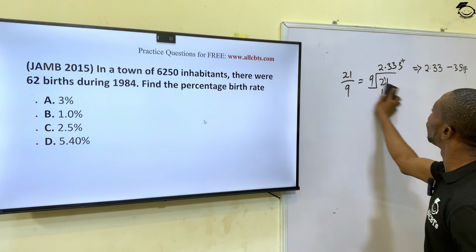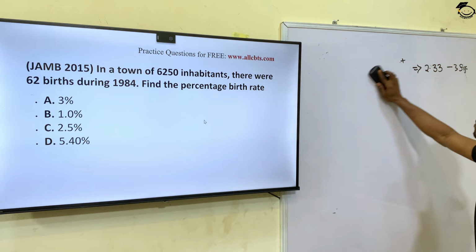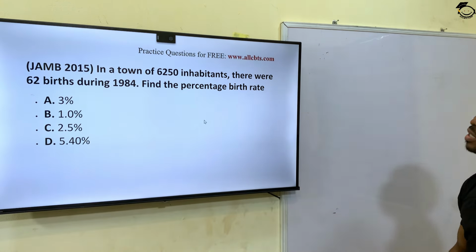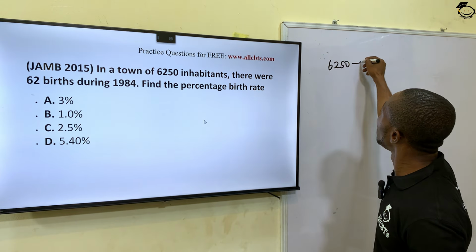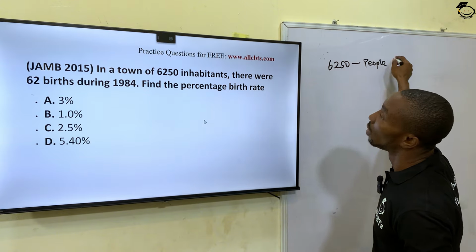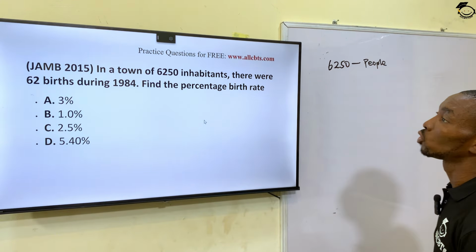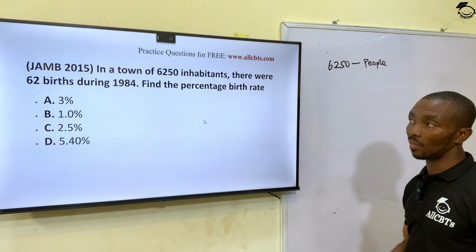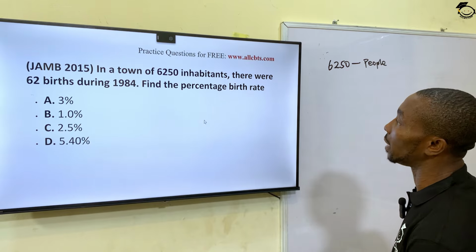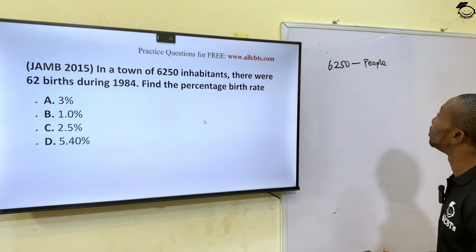And from 2015, we have in a town of 6,250 people. There are 62 births during 1984. So in the year 1984, they had 62 births. Find the percentage birth rate.